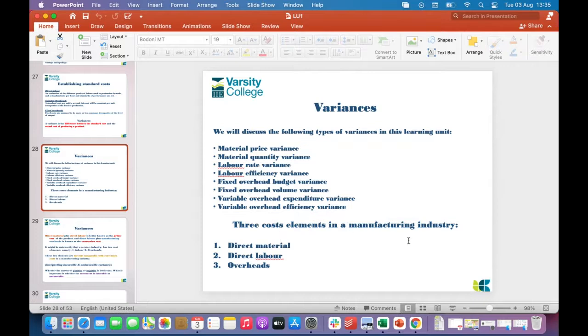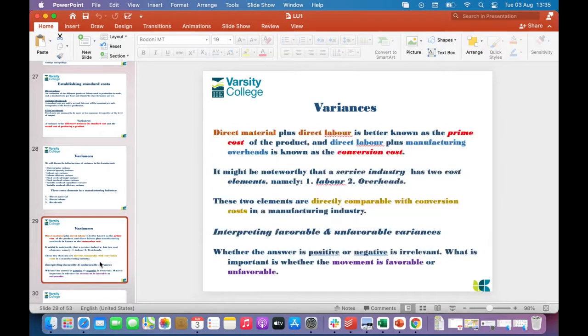Three cost elements in the manufacturing industry: direct material, direct labor, and your overheads. Those are the three costs that you get. Here they're informing you that direct material and direct labor make up the prime cost of the product, and direct labor plus manufacturing overheads is known as conversion cost.